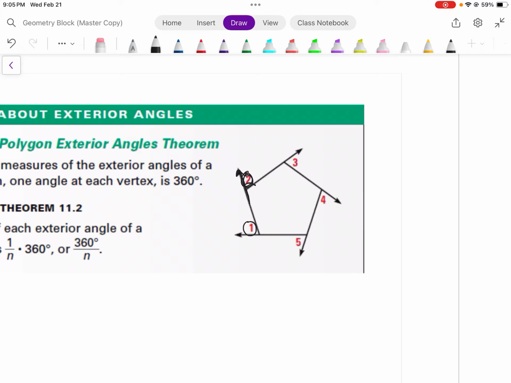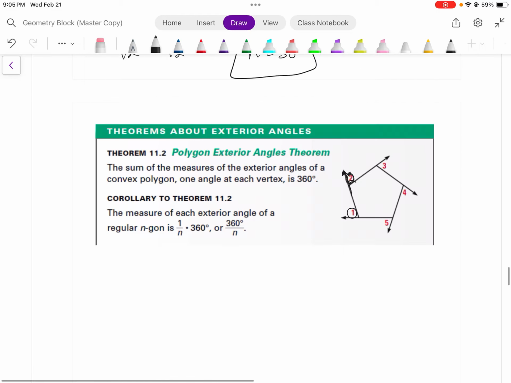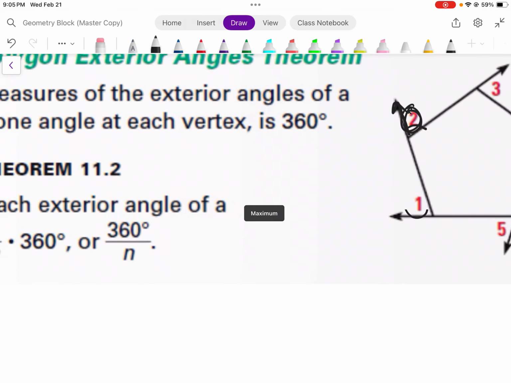Just like an interior angle, if there's 5 sides, there's 5 interior angles. If there's 5 sides, there's 5 exterior angles. All those angles are going to add up to 360, every single time.